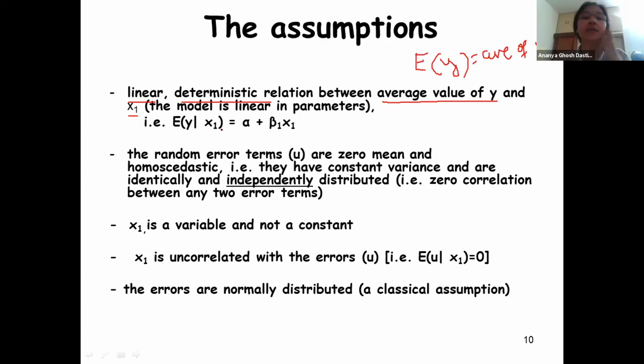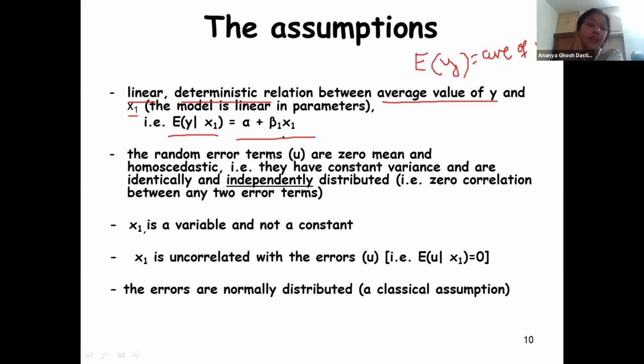So the first assumption of the linear regression model is that there is a straight line relation between the average value of y and x, the straight line having the intercept alpha and the slope beta, neither of which we know, both of which we will estimate. Alpha and beta are just constants, just numbers that are unknown.